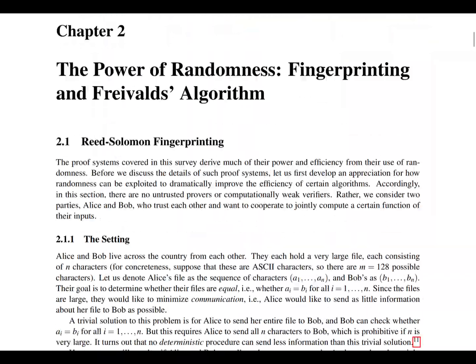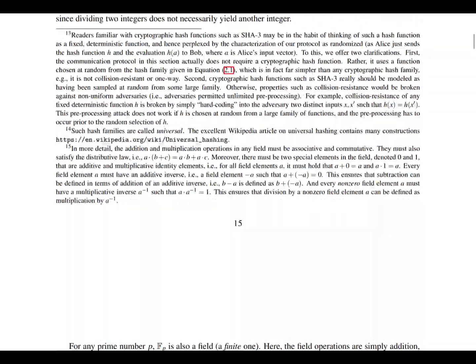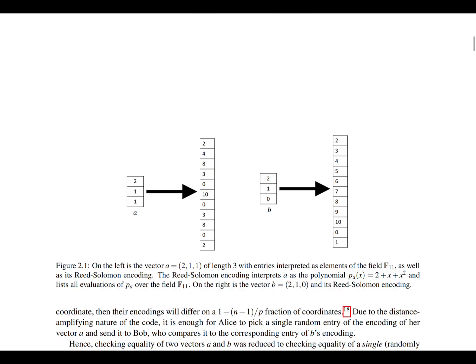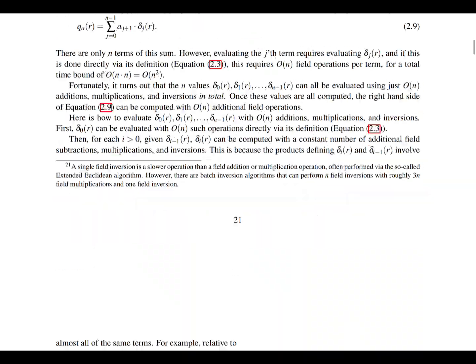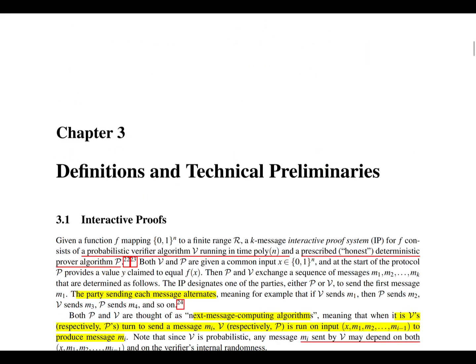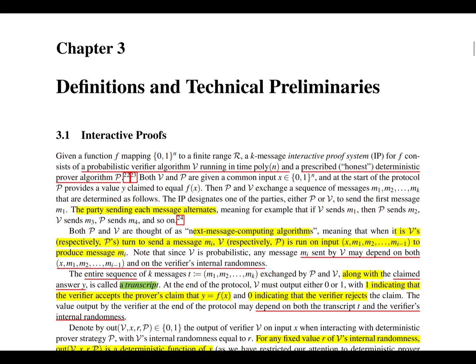I'm not so familiar with this software. So first let's find 3.1. So what is proof? Interactive proof and their knowledge is a very hot topic. So let's start with 3.1, interactive proofs.